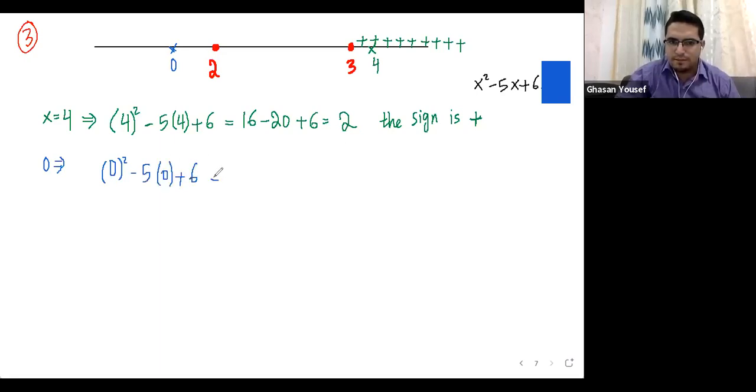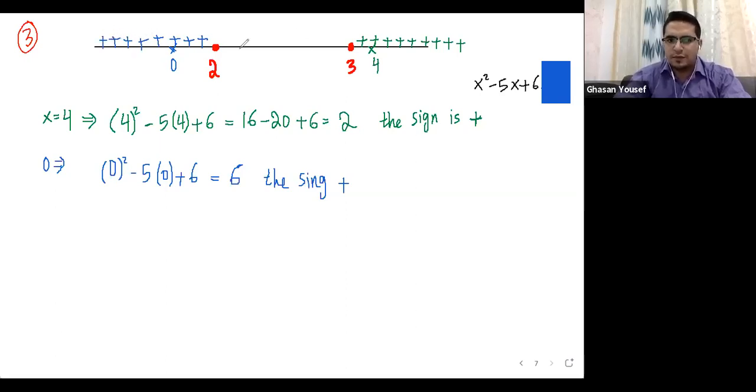What do I get here? 0 squared is 0. Yes, 6. Natasha said 6. And what is the sign? Positive, yes. So the sign for number 6 will be positive. This means all numbers less than 2 also will be positive.